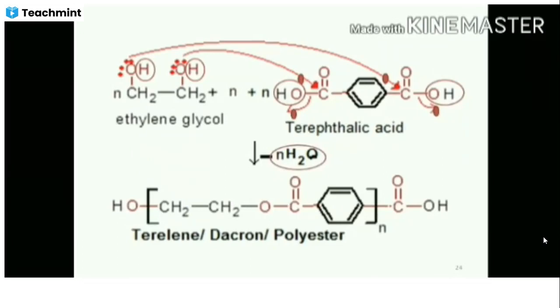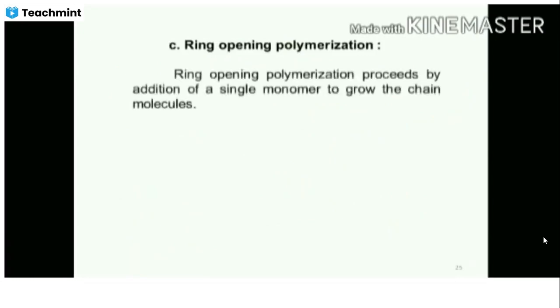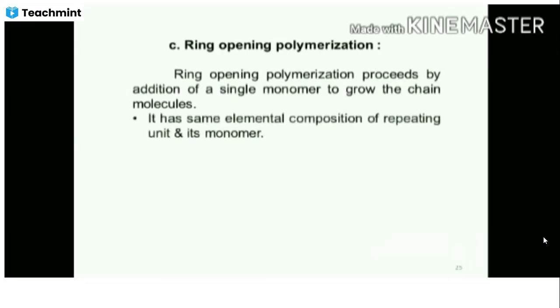Next type, ring opening polymerization. Ring opening polymerization proceeds by addition of a single monomer to grow the chain molecules. It has the same elemental composition in the repeating unit and its monomer. It is a strong acid or base catalyzed reaction.